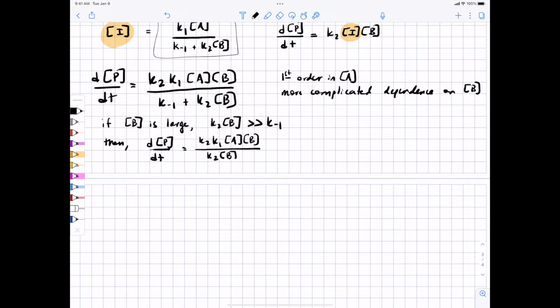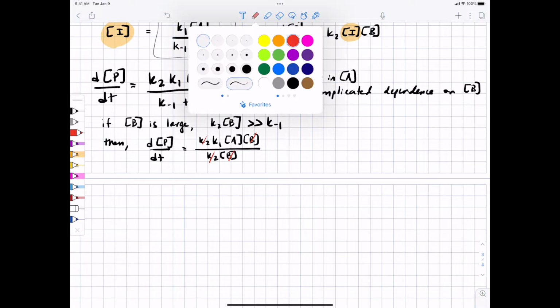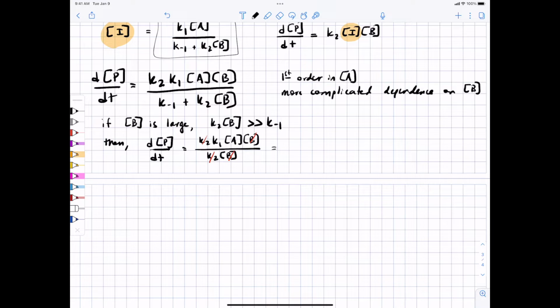The B concentration term and the k2 terms factor out, and we're left with a more simplified expression that's just k1 times A. So under those conditions, we would see a reaction that is first order in A and zero order in B.